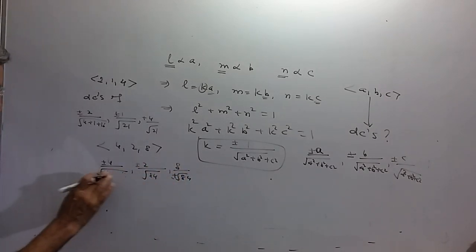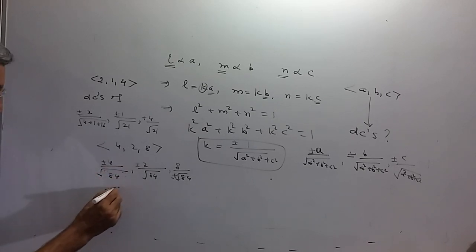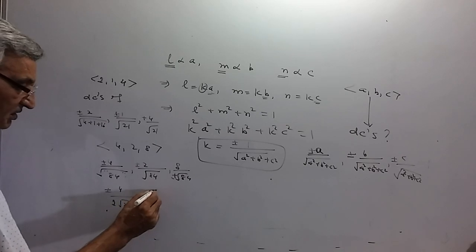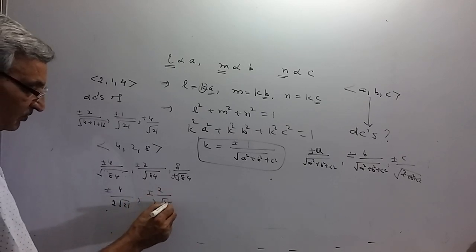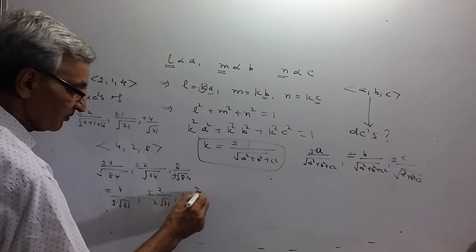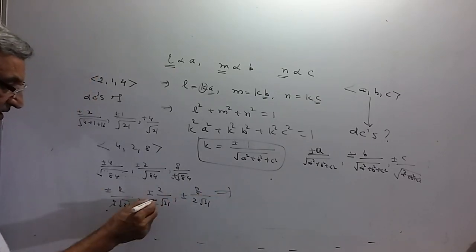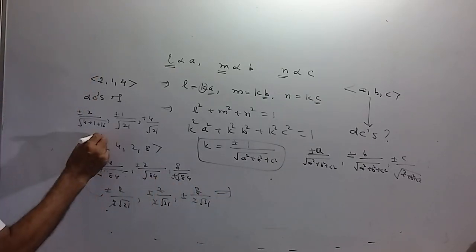I just take 84 as 4 into 21, so this is plus or minus 4 upon 2 root 21, plus or minus 2 upon 2 root 21, plus or minus 8 upon 2 root 21. Dear friend, when the 2 cancels, this comes the same.